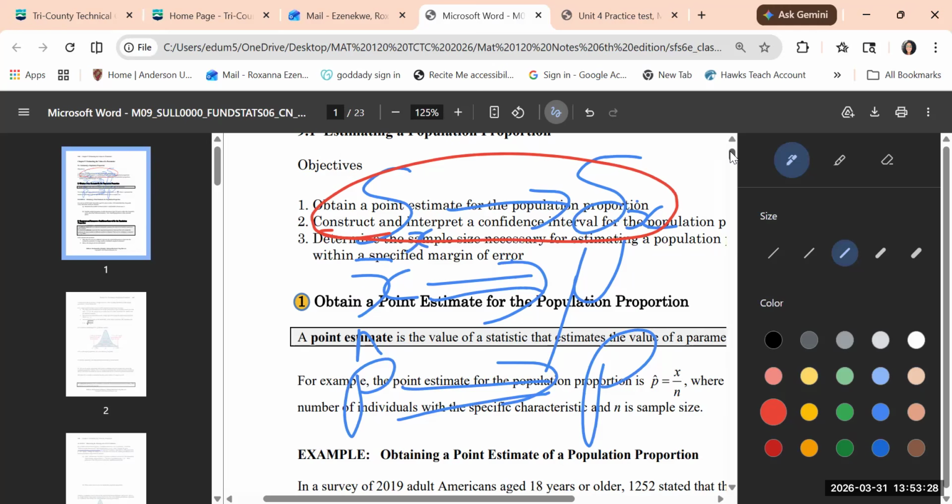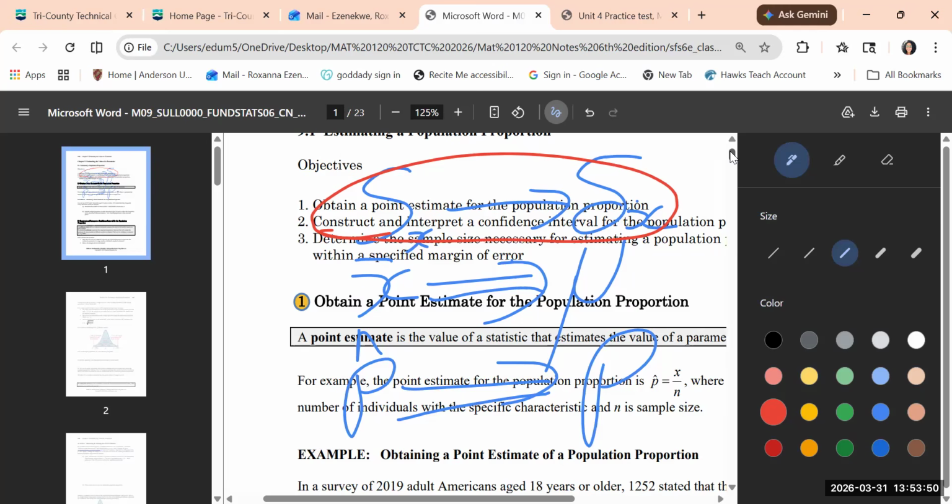So proportion obeys the rule for probability because it's still binomial, and there are conditions. There are three conditions that must be obeyed before you do inference for proportion. That's why we have to do another example. I said it today. I want to say it again next class.